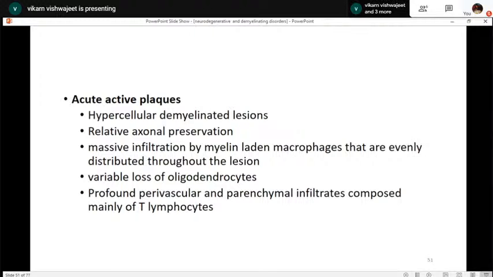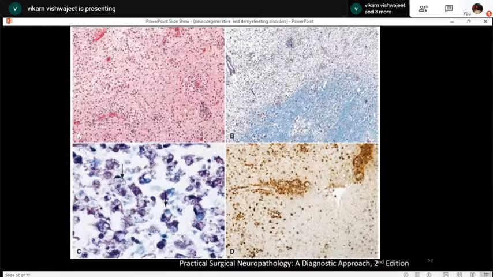Next, this is a histological picture of an active lesion of multiple sclerosis. You can see a highly cellular lesion which chiefly comprises perivascular macrophages and lymphocytes along with some astrocyte proliferation.